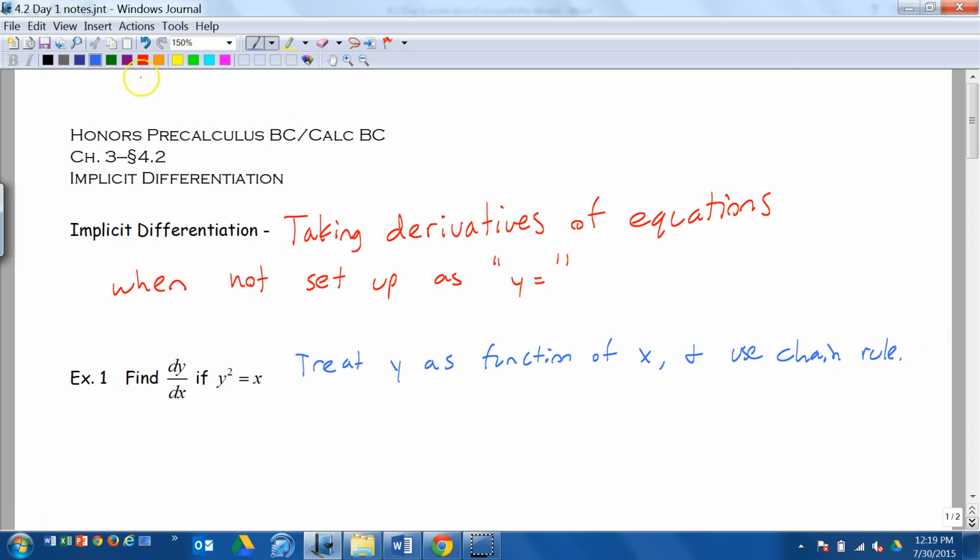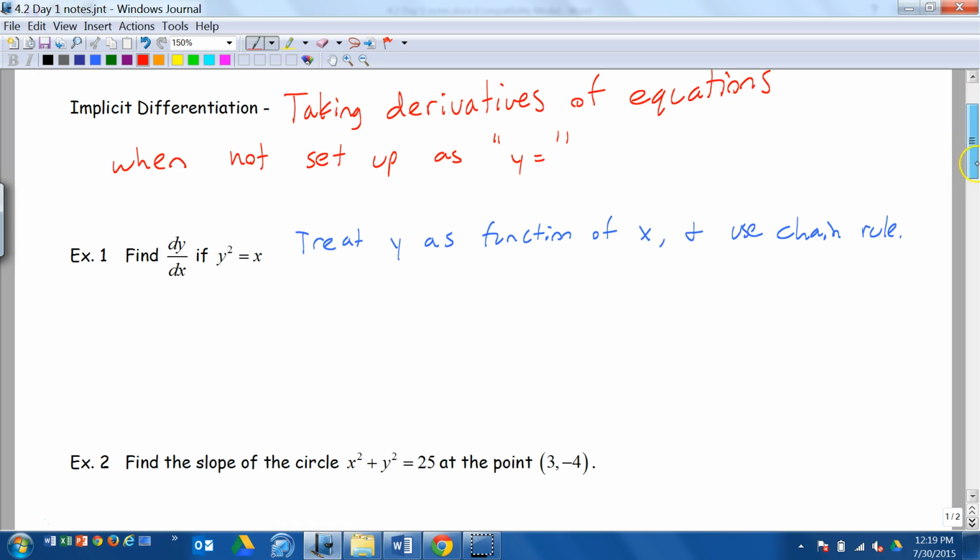Okay, so let's see what happens here. If I'm just taking the derivative of the equation y squared equals x, we know the derivative of x is just 1 because we're taking it with respect to x. The derivative of y squared, though, we use the power rule first, so this comes down just like if it were an x squared. So we have 2y to the first power. However, y is a function of x, so now we have to take the derivative of y and multiply that by the inside.